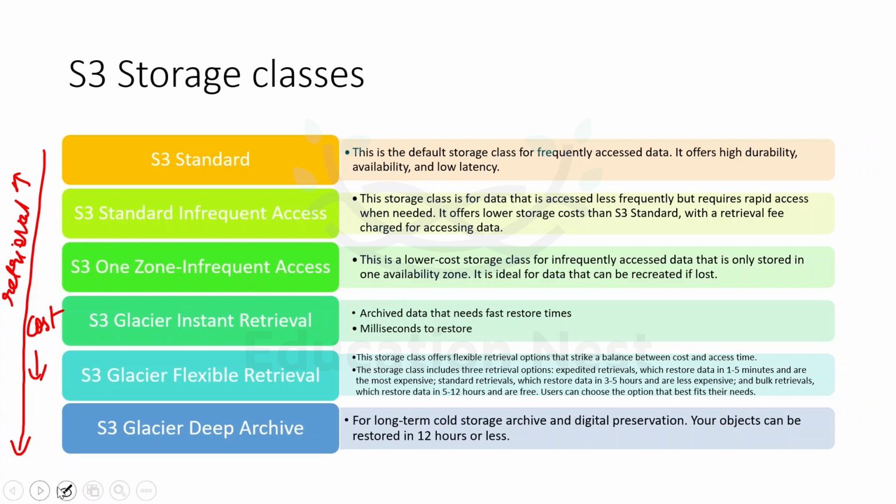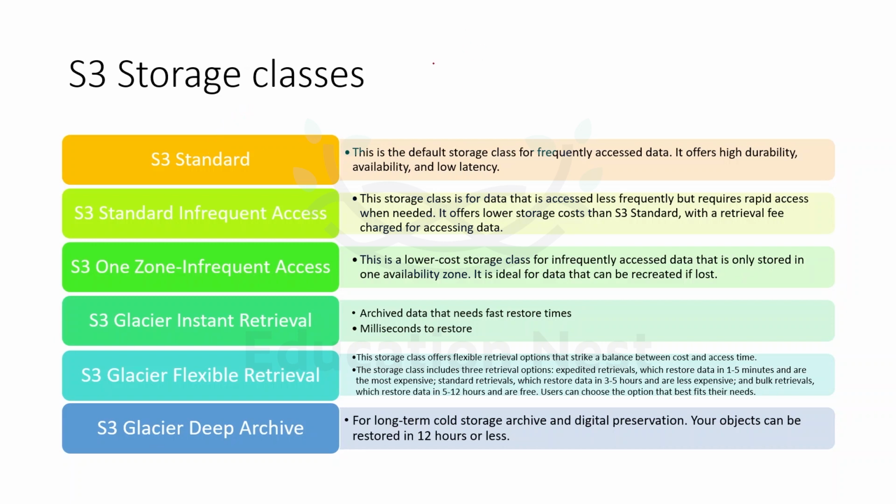Now, what are the different storage classes? Let's understand that. By default, this is per object. You can change the storage class of your particular object. It is not according to the bucket, it is according to the object.